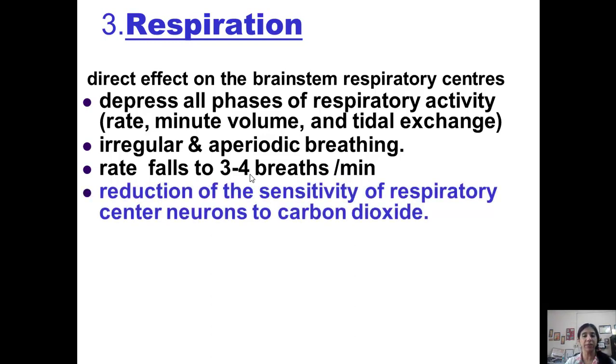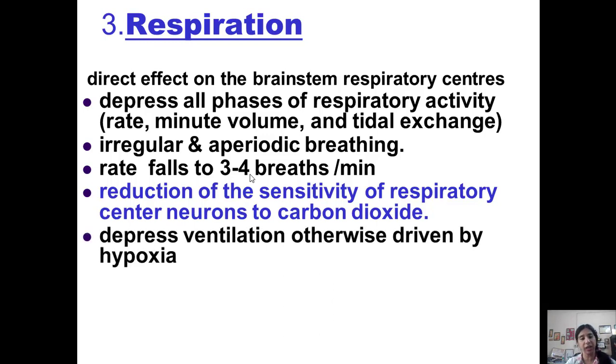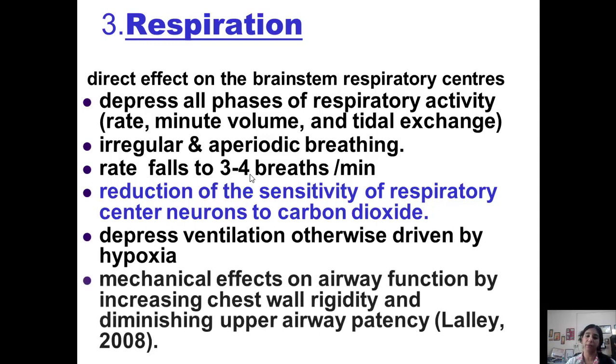It also reduces the sensitivity of the respiratory center neurons to carbon dioxide, which is one of the major stimuli for breathing. They depress the ventilation otherwise driven by hypoxia. And I want to add here that if you are giving the opioids systemically, intravenously, or via the spinal route, as in epidural opioid therapy, then there are effects seen on the chest wall also, mechanical effects on airway function.